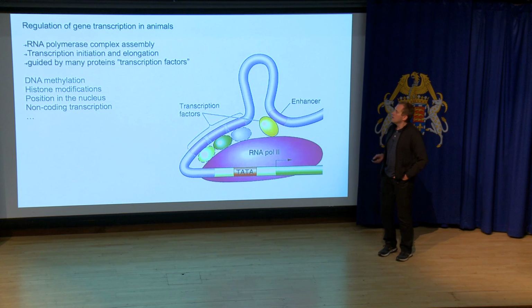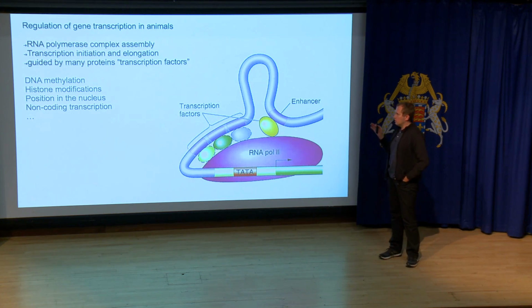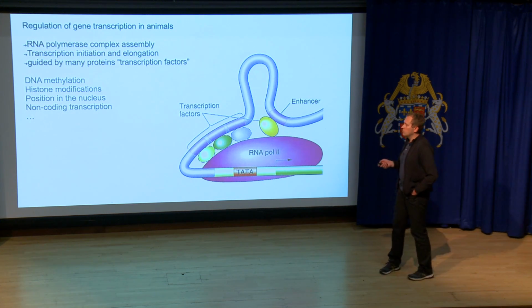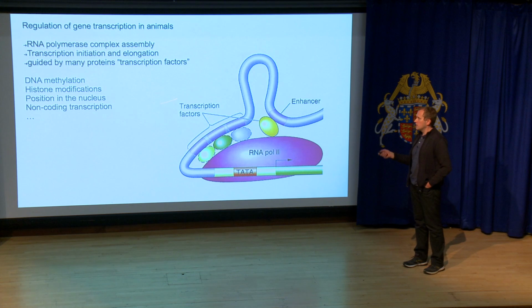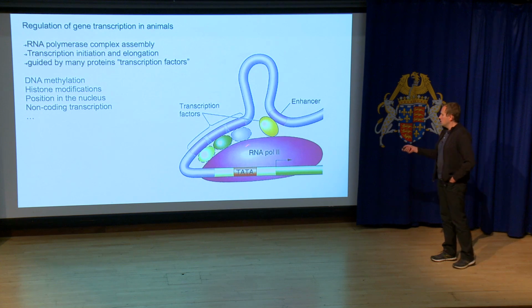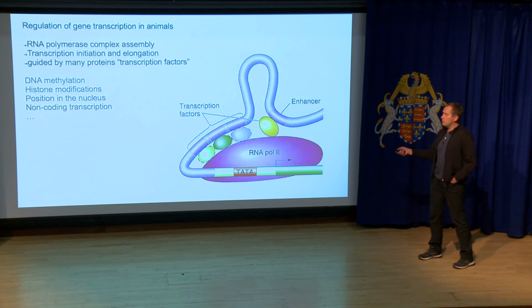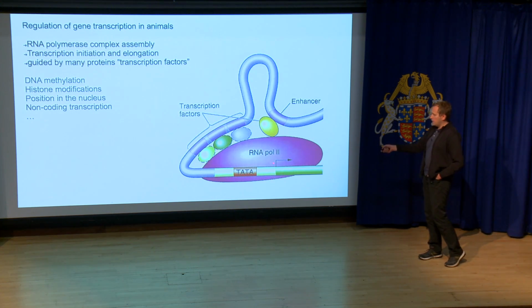OK, so I need to tell you, in just one slide, about the regulation of gene transcription in animals. There are many, many different processes that contribute to it, like DNA methylation, histone modification, and so on. But the most important part is the assembly of this blob, which is an RNA polymerase II complex, which covers around 100 nucleotides on the genome at a place called the promoter.